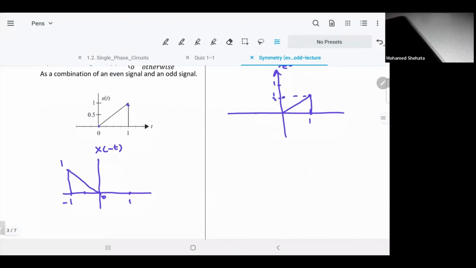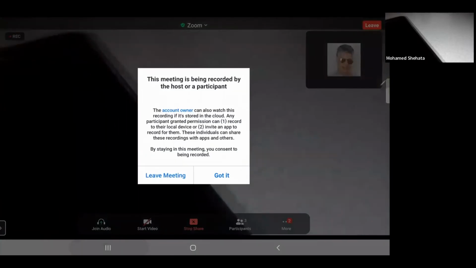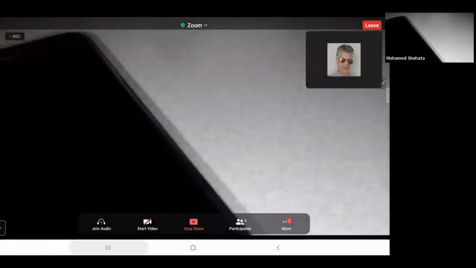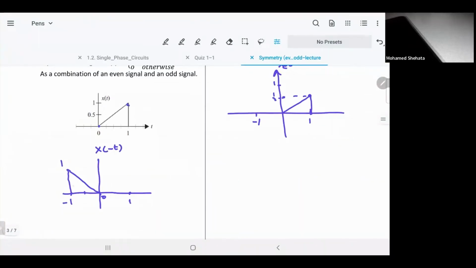Let's look at the other side. At t equal to -1, that's the time axis, the value is 1, and at t equal to 0 it is 0. So what is 0 and 1? 1.